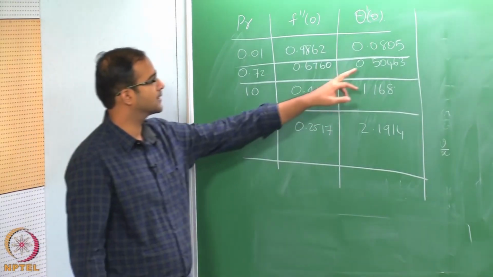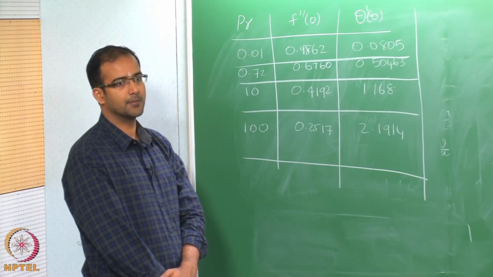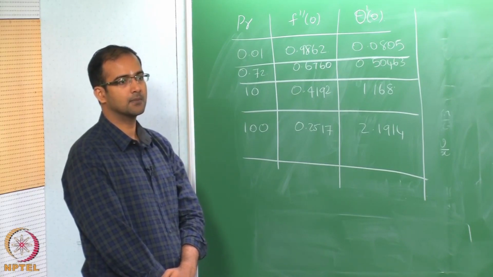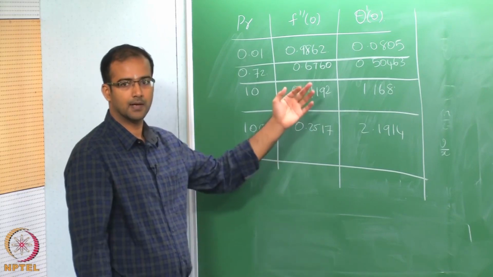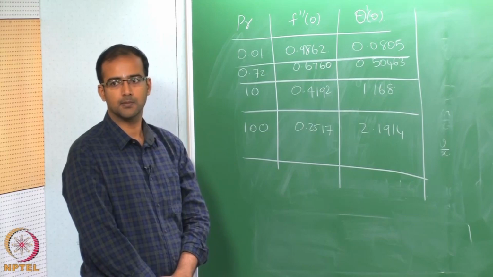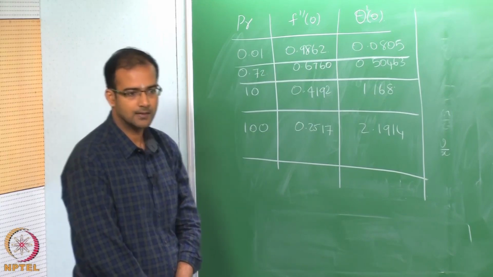So, these values are now slightly higher than that, but it does not mean that the final Nusselt number is going to be larger than the forced convection. We will see that. Now, we will convert that into an expression for Nusselt number, okay. So, can you all do that?